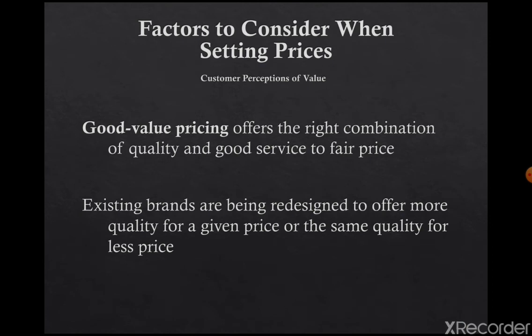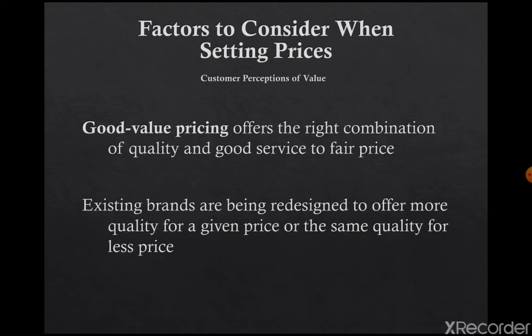Moving ahead, the value-based pricing has different segmentations. Now, the value can be determined by the amount of the price that you're going to keep. For example, good value pricing offers the right combination of quality and good services for fair prices, right?